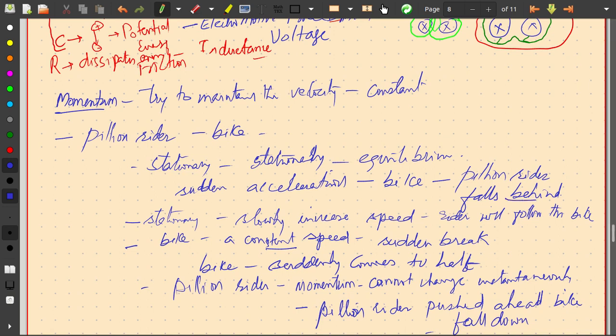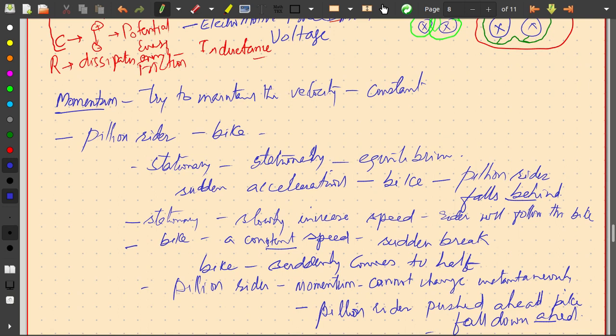Earlier he fell behind the bike, this time he falls ahead of the bike. So this is the analogy we can give. The momentum of the body is equivalent to the inductance, and the inductance will not allow the sudden changes in the current. Momentum of the body will not allow sudden changes in the velocity of the body.